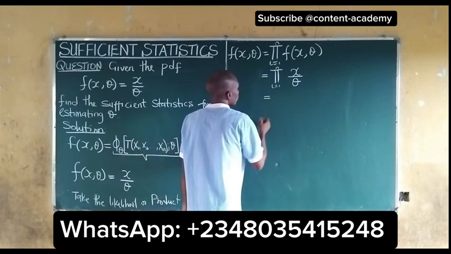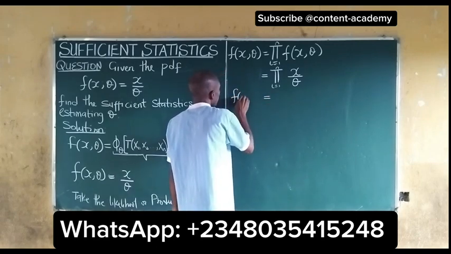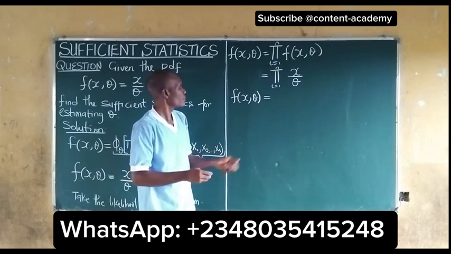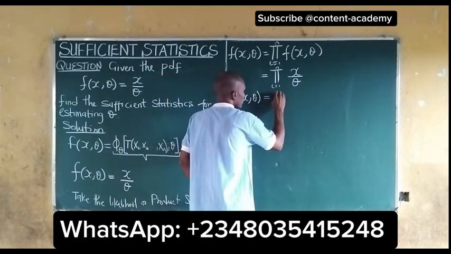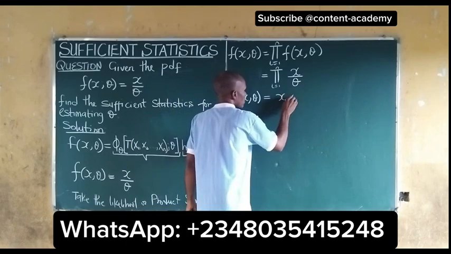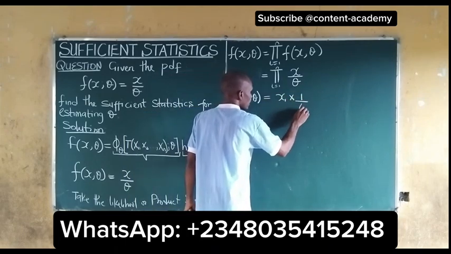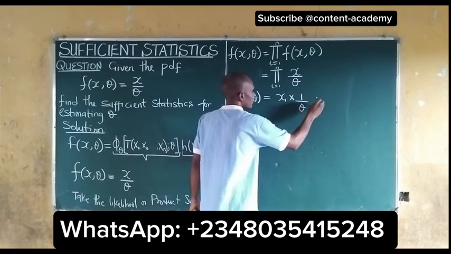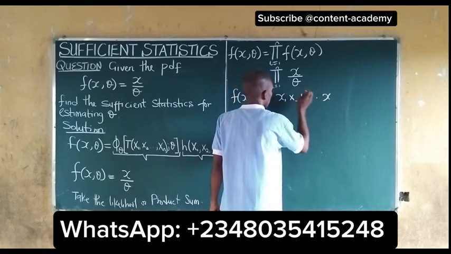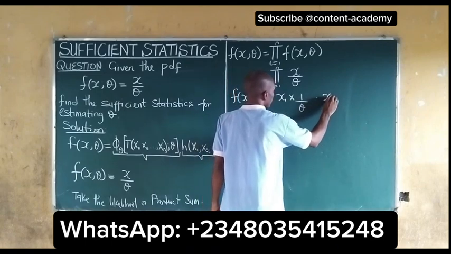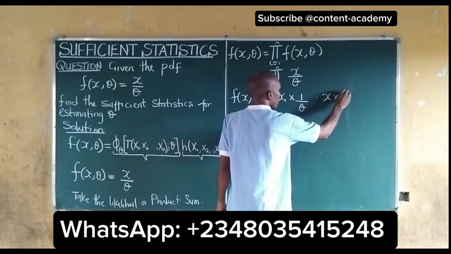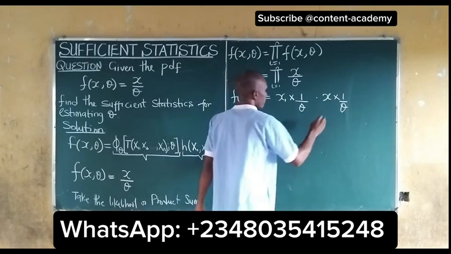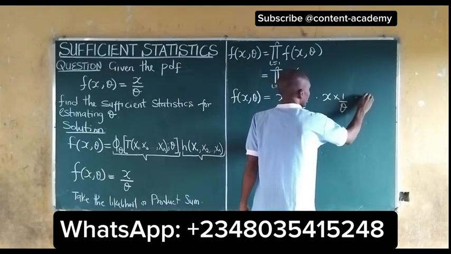This is also equal to f of x theta. If we are finding the product sum, it's equal to, say, x1 multiplied by 1 all over theta for the first one, times x2 multiplied by 1 all over theta, and it continues like that.